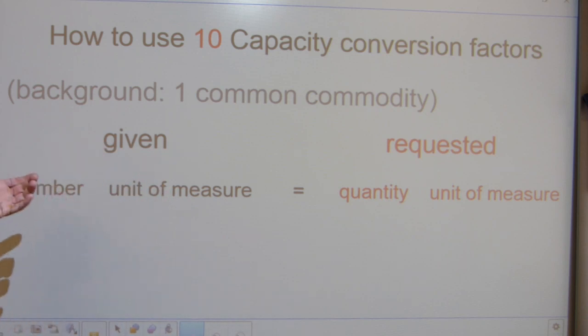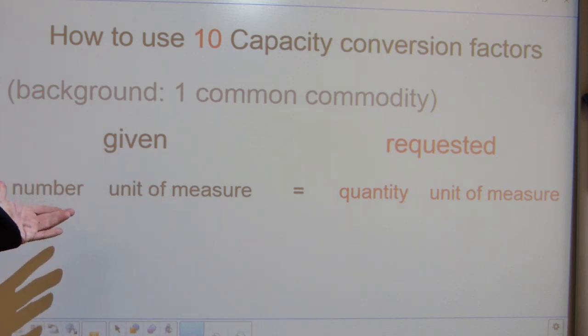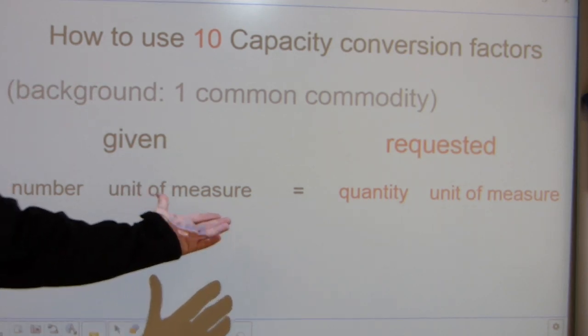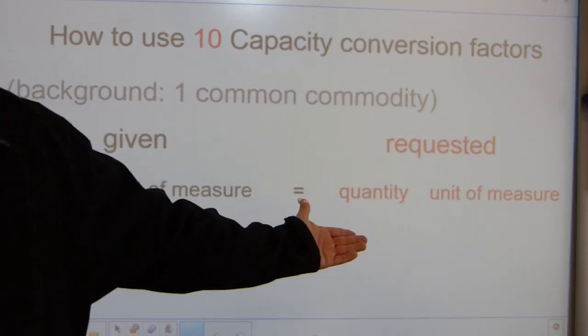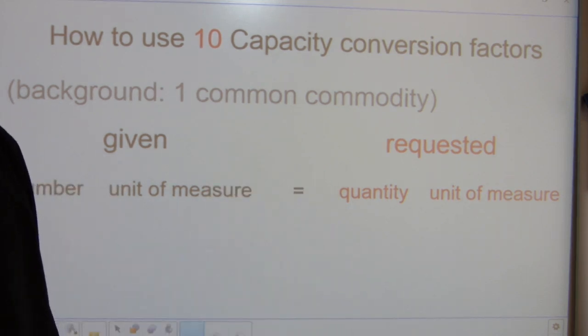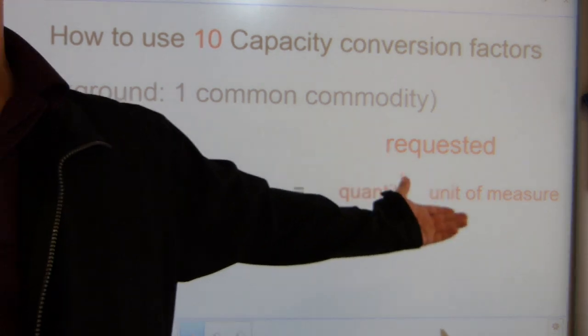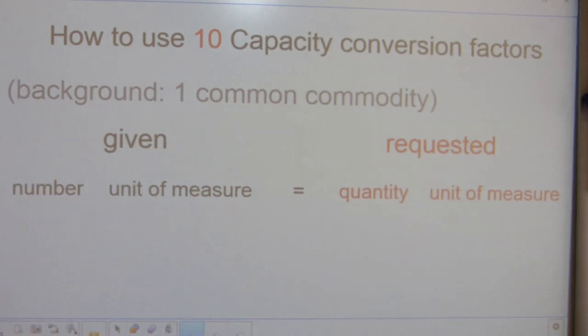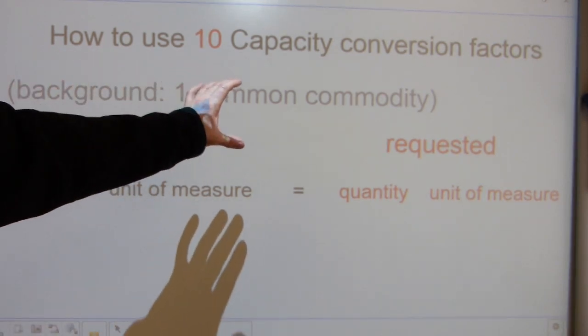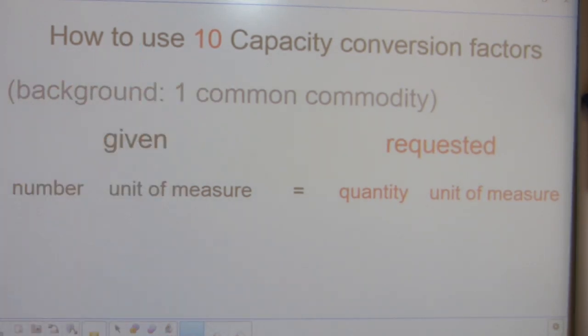On both sides, there is a number or a quantity specified, and there's a unit of measure that you need to keep in mind. On the requested side, there is a quantity that you have to come up with using your calculator typically, and there is a unit of measure in which this conversion is requested. All of this relates to one common commodity, whatever you're working with in your industry.